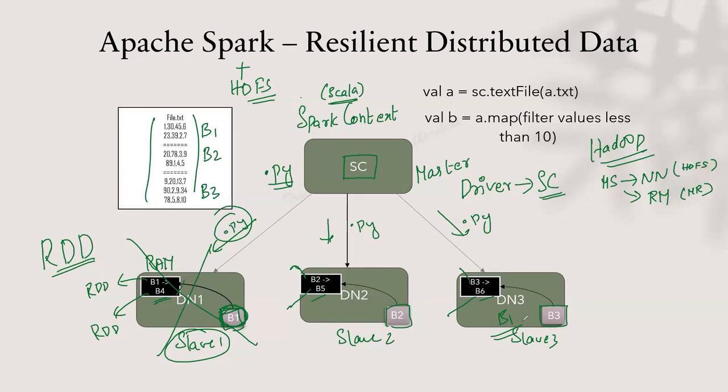Now that's why the data has been named resilient distributed data. It's just a new terminology. Everything else is the same. Exactly. Because I cannot keep on taking up the same name in different frameworks, right? So that's the process. They have different naming conventions here, but the job is going to be exactly the same.